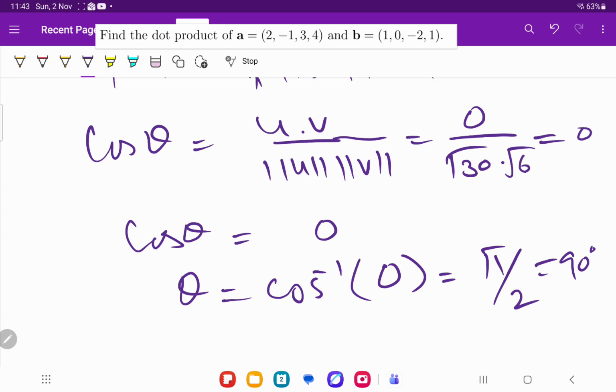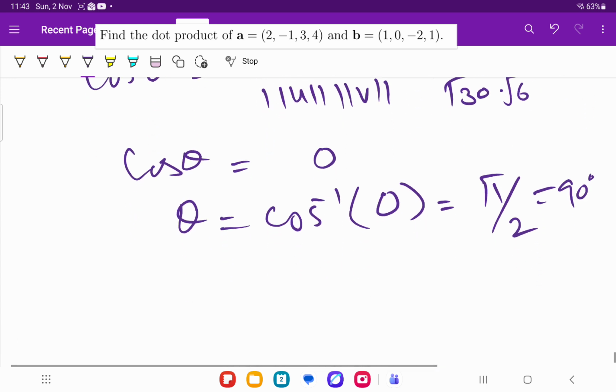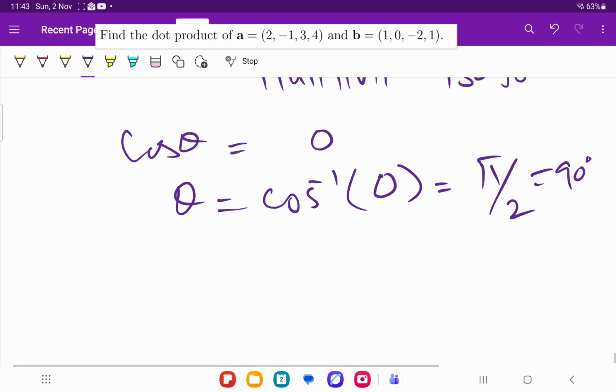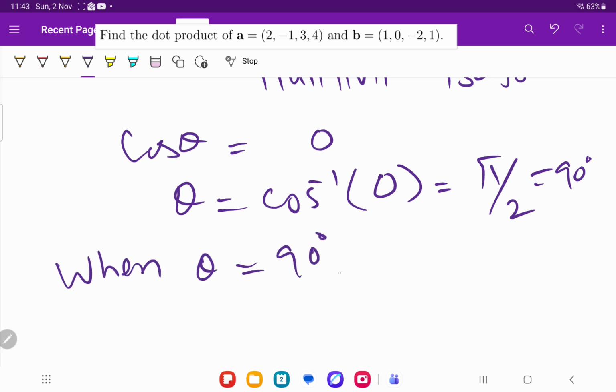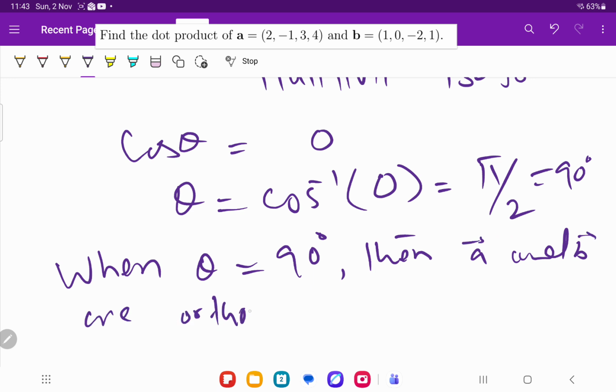When theta is 90 degrees, then A and B, these vectors, are orthogonal.